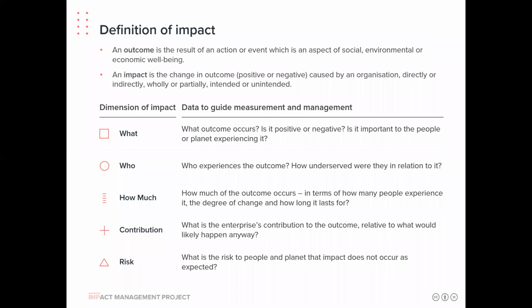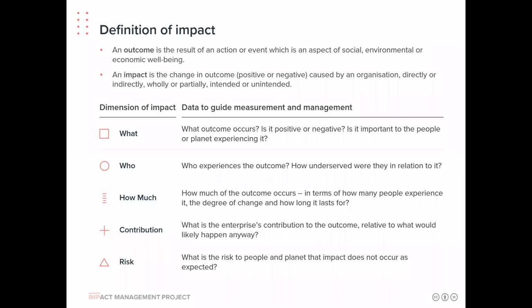So if the outcome is increased incomes, was it increased incomes for low-income populations or for medium-income populations? How much of the outcome occurs? So how many people experience it? How much of that outcome do they experience? How much does income go up? How long does it last for?